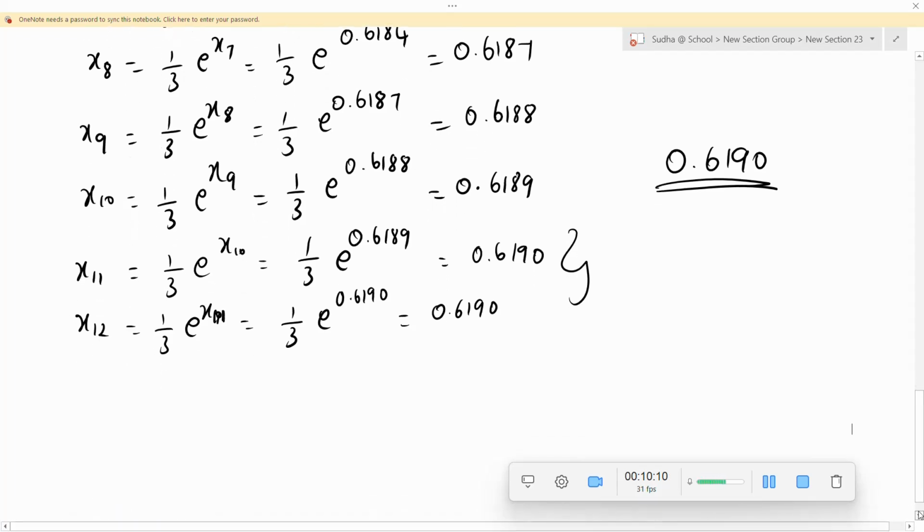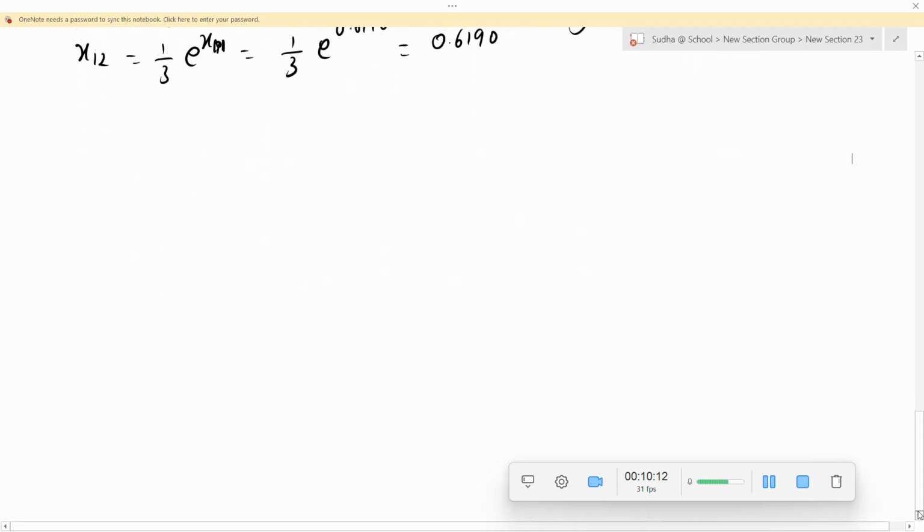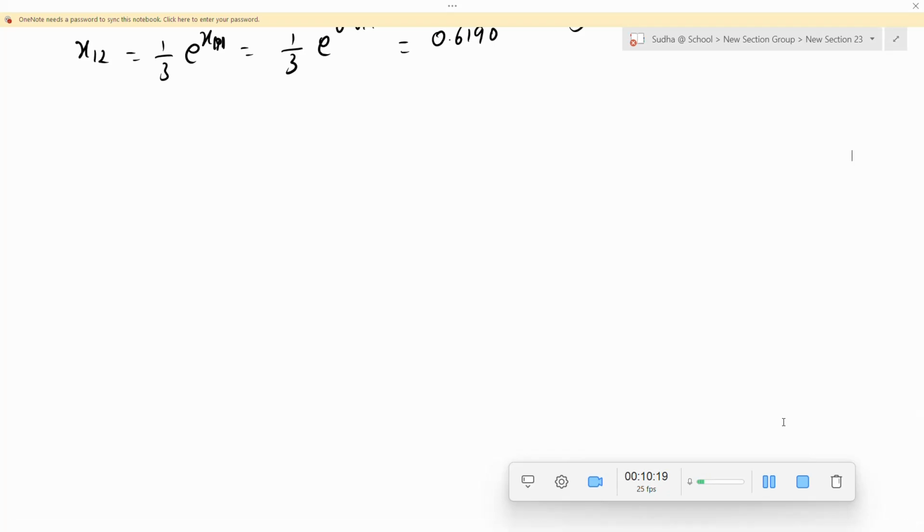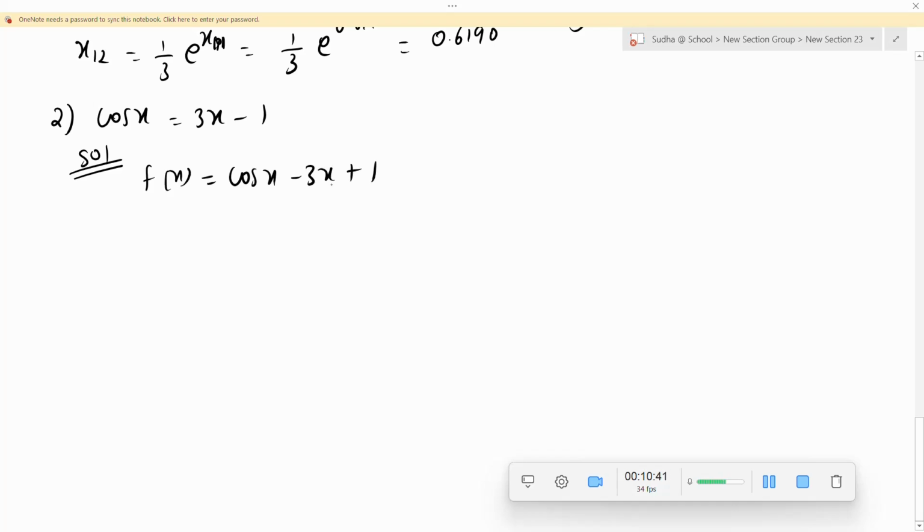So let us see one more problem in the fixed point method. Cos x equal to 3x minus 1. So here, given f of x equal to cos x minus 3x plus 1, we have to substitute x equal to 0.